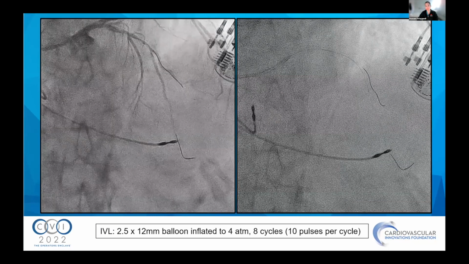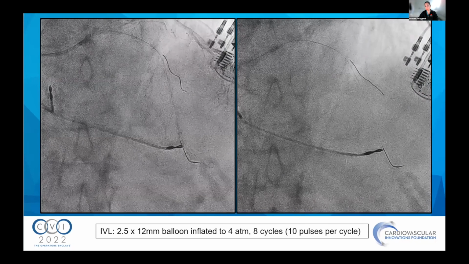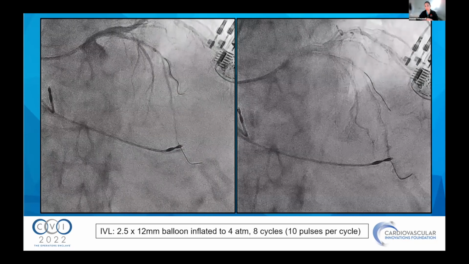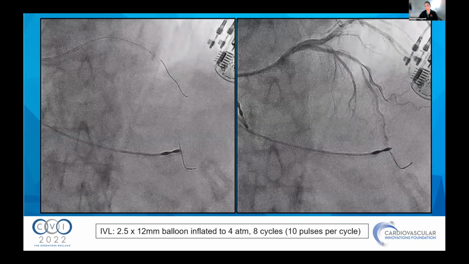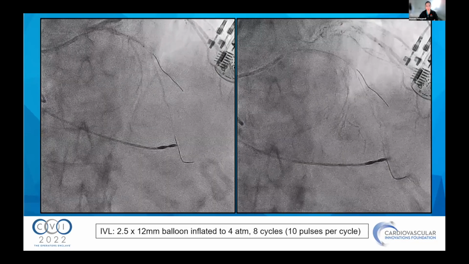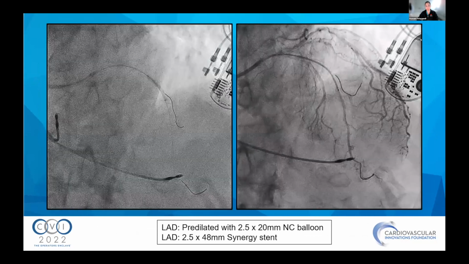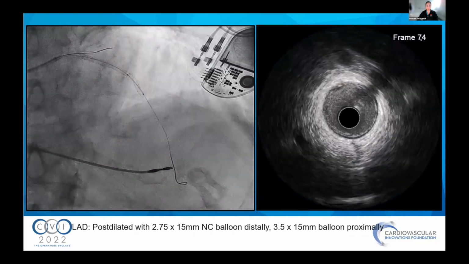So I decided to use Shockwave and did the full 8 cycles all the way where there was calcium. After the Shockwave, the balloon nicely opened. Then I used a single stent, 2.5 from distal to proximal, 48 mm in length. So here is after stent and post-dilation.